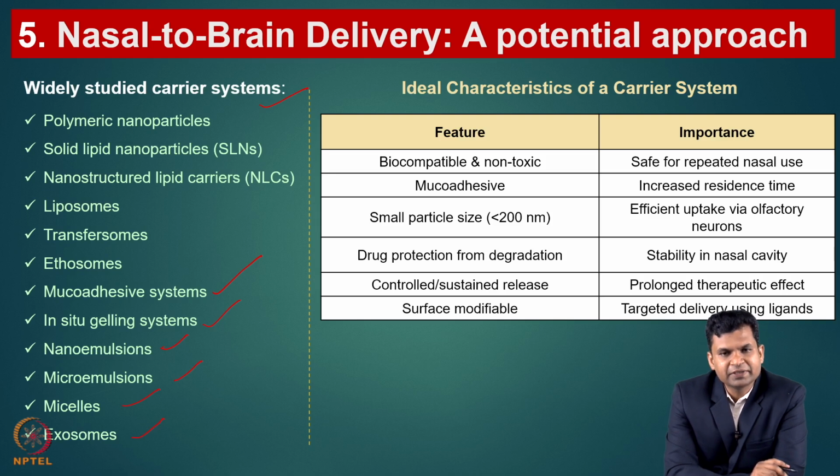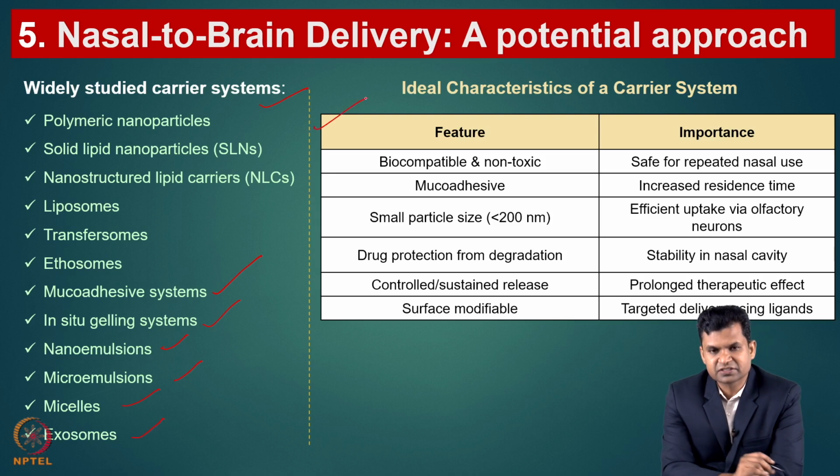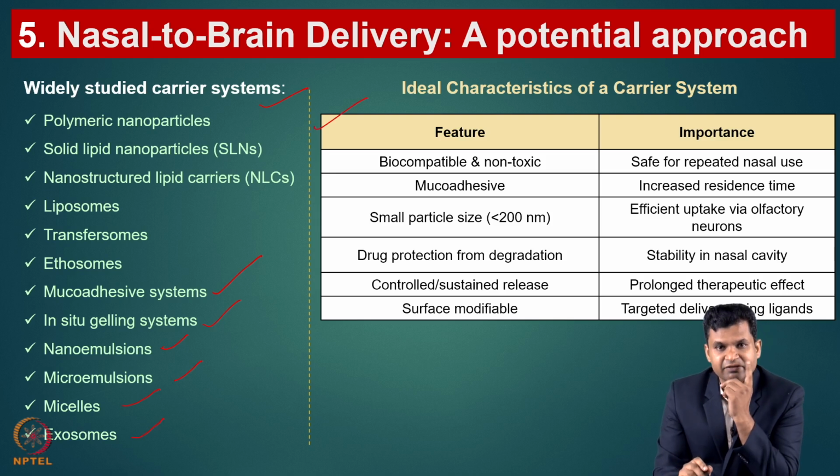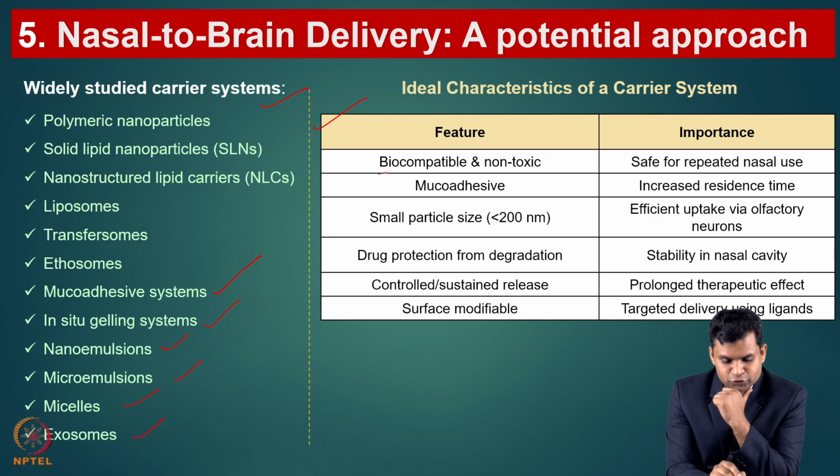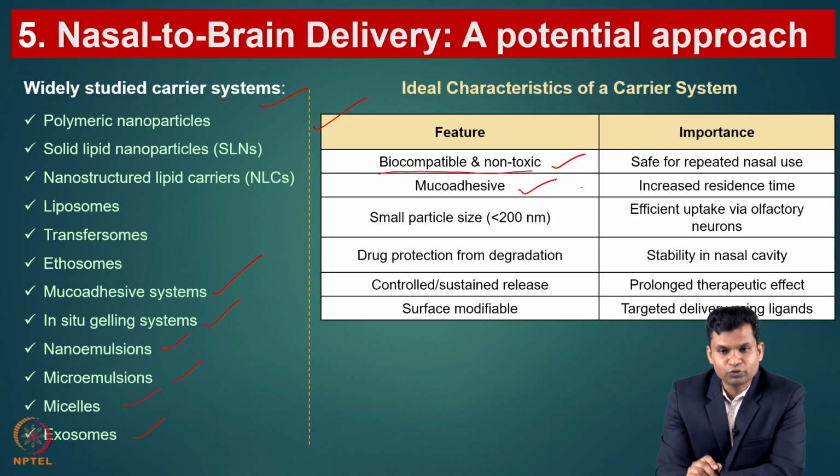If you want to develop any brain delivery system, you must consider these features. Your material should be biocompatible and non-toxic. It should be mucoadhesive, because that increases the residence time at the nasal mucosa.